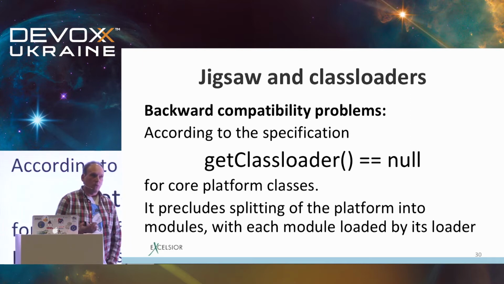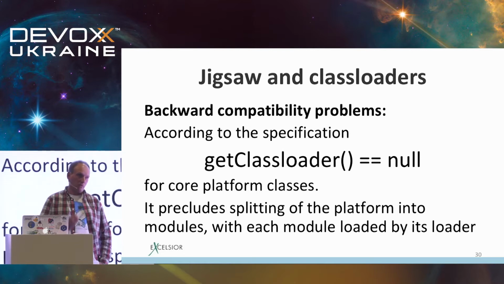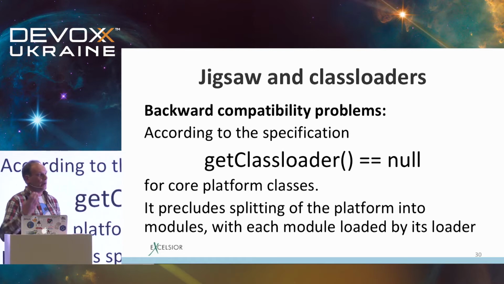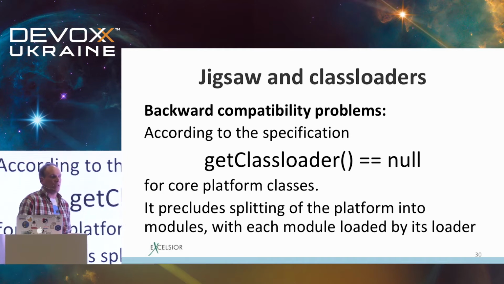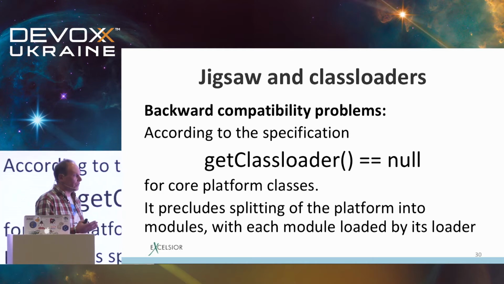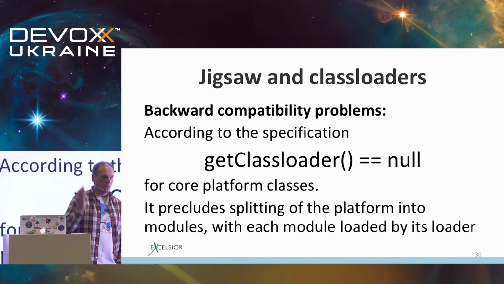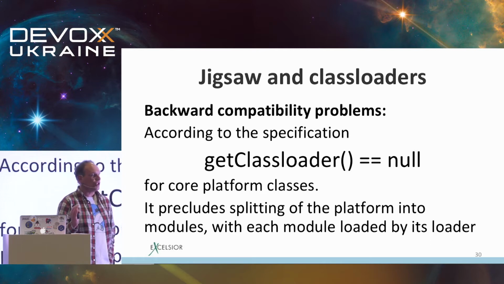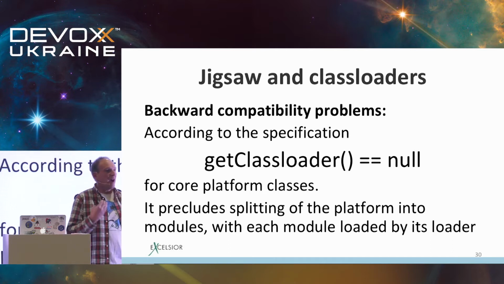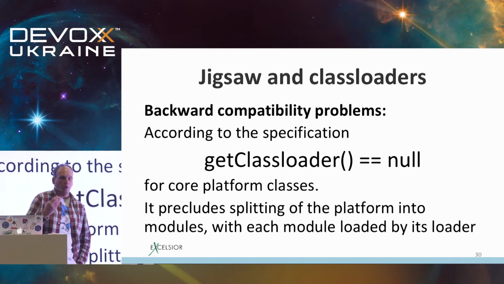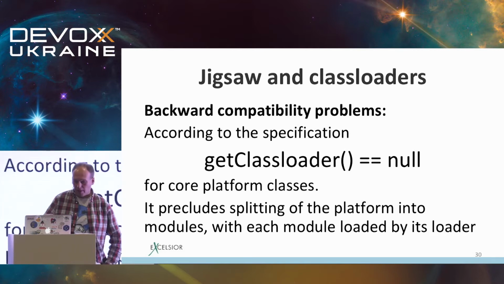JDK developers work really hard to keep the invariant that everything that was guaranteed by a previous version of Java is satisfied for a new version of Java. That's why if you have a Java application that works on some older version of Java, it should work on a newer version of Java without any changes, if, of course, your application does not rely on unspecified behavior.